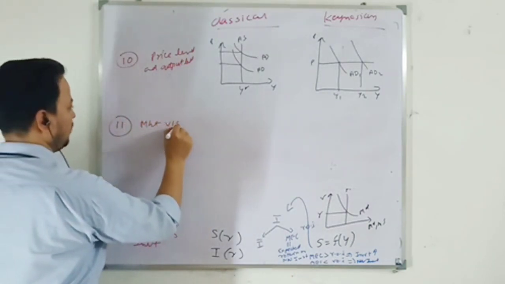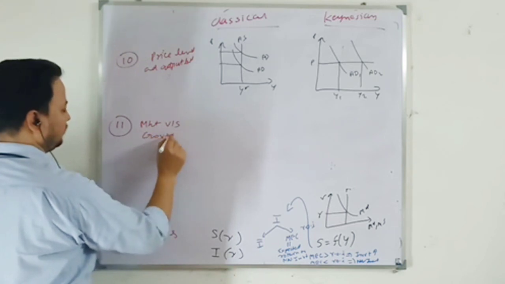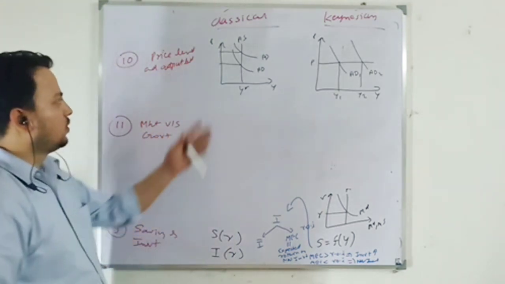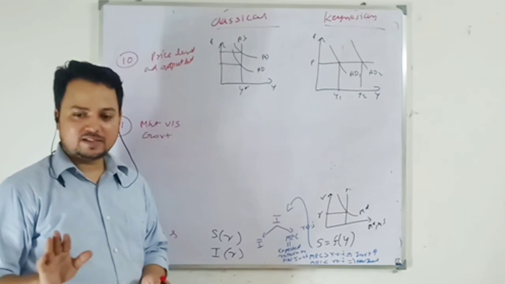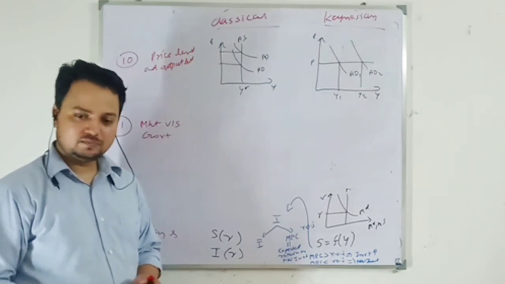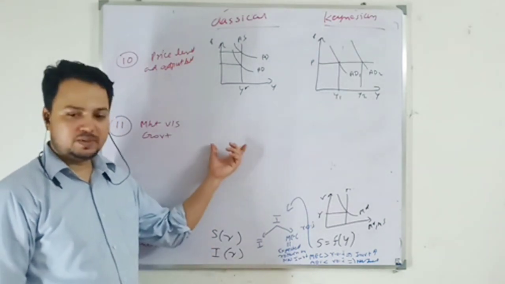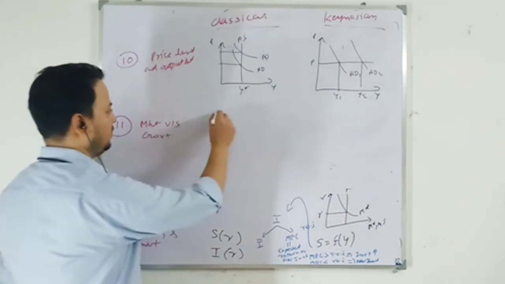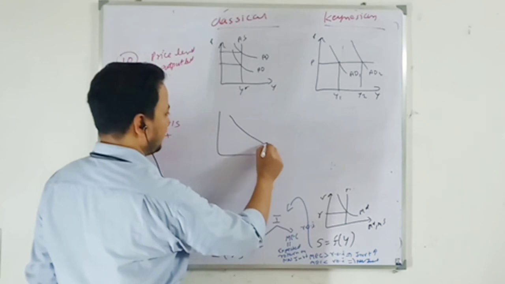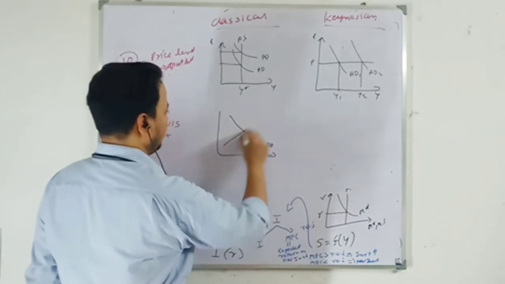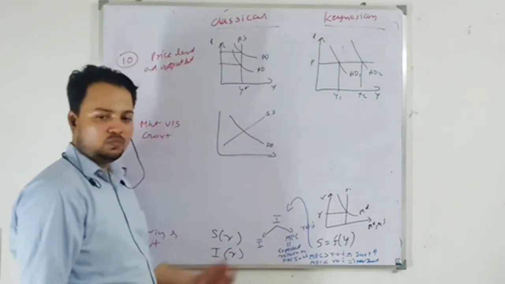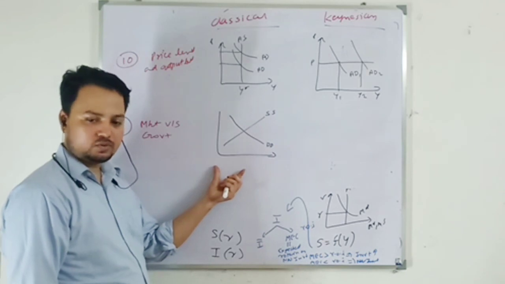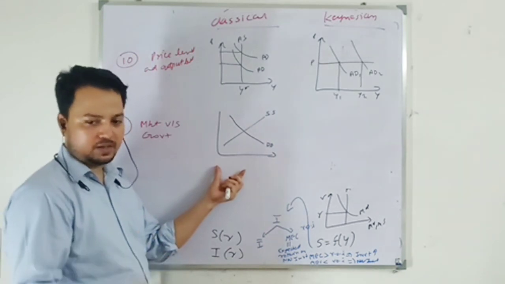Next, market versus government. Classical economics believes in a laissez-faire policy. That means the free market works efficiently. The free market, that is, market forces of demand and supply, works efficiently to allocate resources and clear the market.